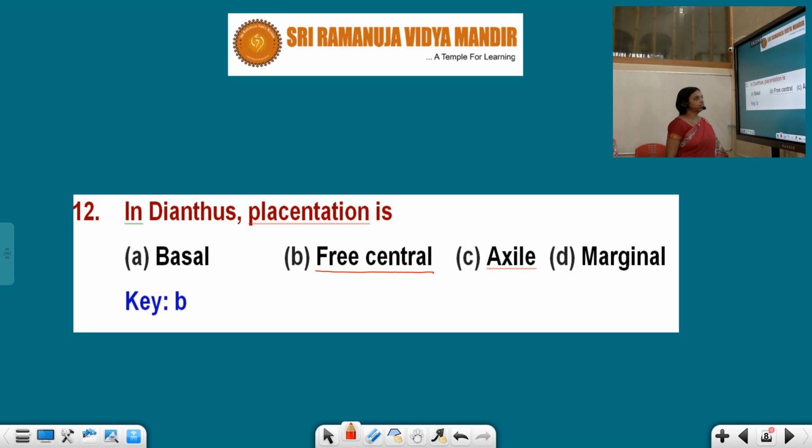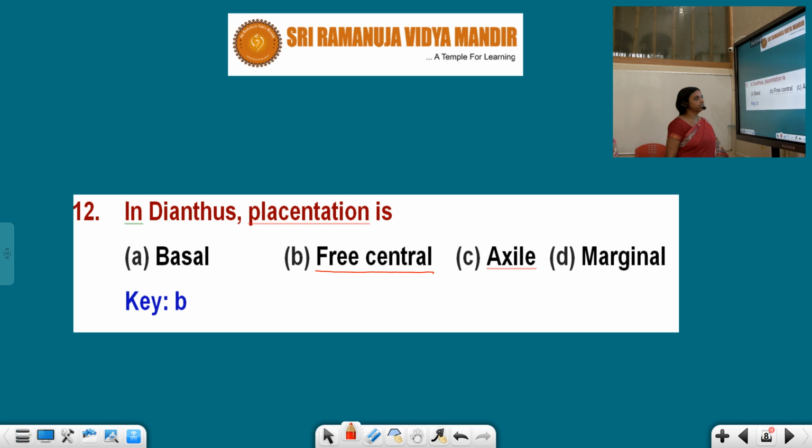Axile placentation also looks similar. In axile placentation also we can observe that ovules are in the center only. But the difference between axile and free central placentation is that in axile placentation it is divided, and the carpels are present, 1, 2, 3, 4, 5. Just as I told you in Abelmoschus, Bhindi, if you cut the section you can see a pentalocular structure.